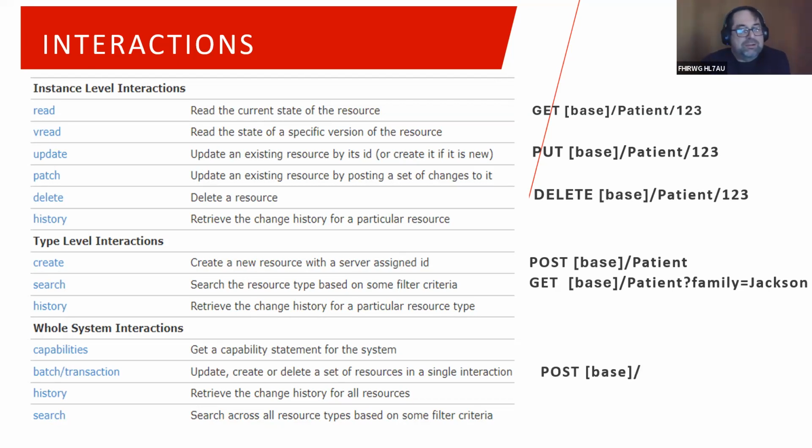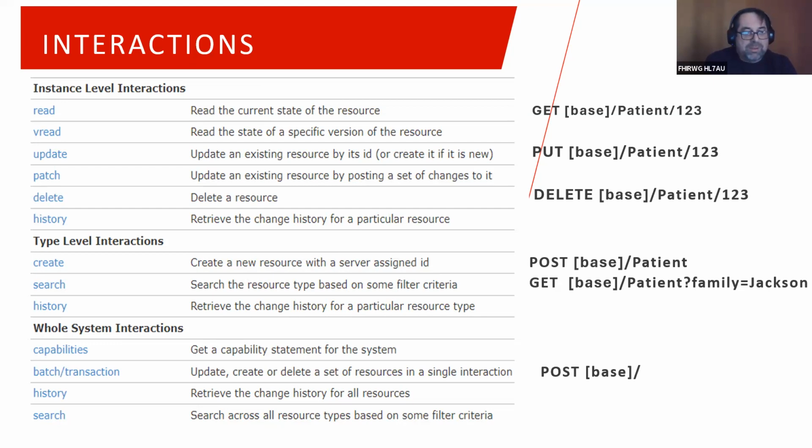There's also the idea of what's marked as whole system interactions, but this is where we may be submitting a set or a group of resources. The two big approaches to that are batches and transactions. A batch might be something like: I have a batch of patient resources, essentially some patient list that I have, and I want to add them into my FHIR server.